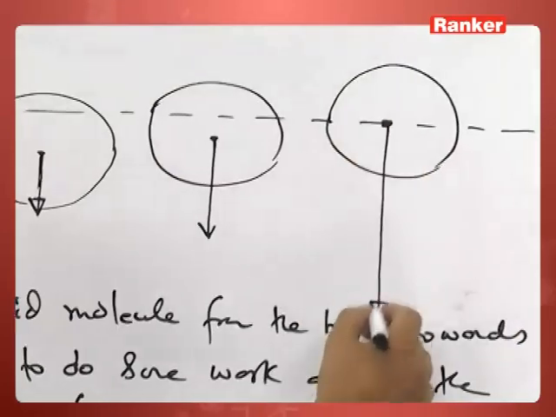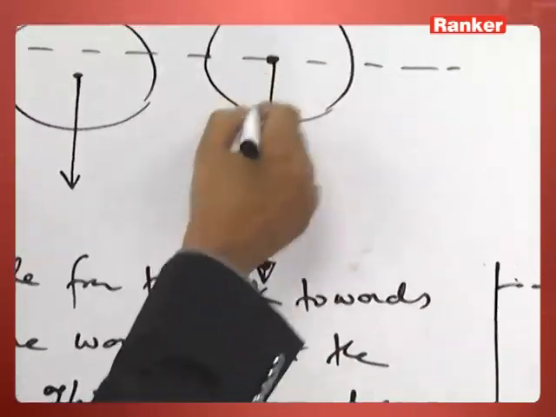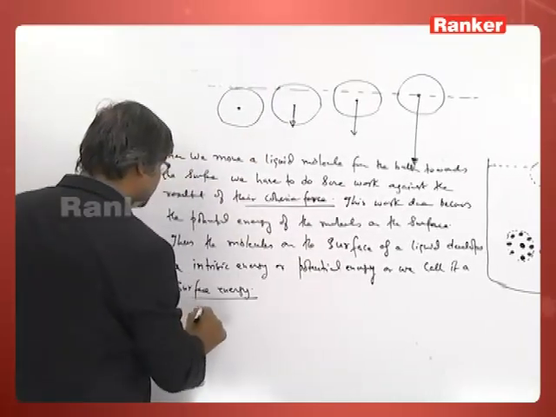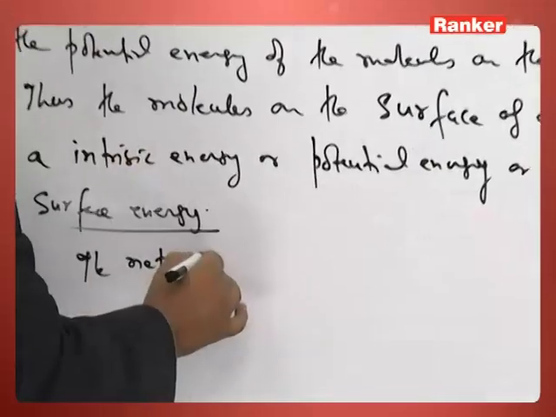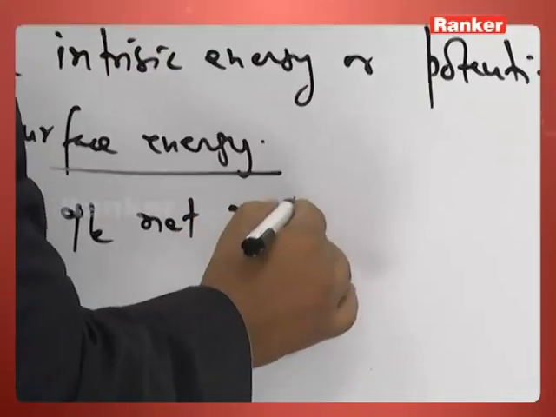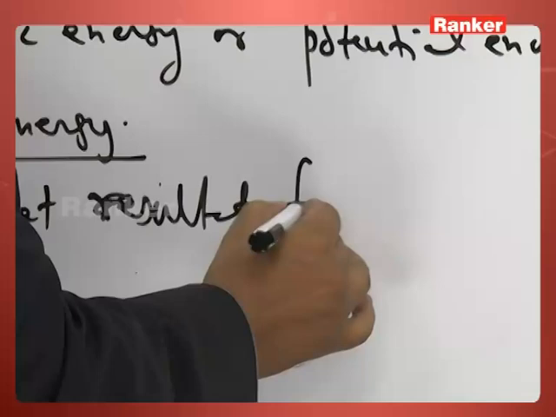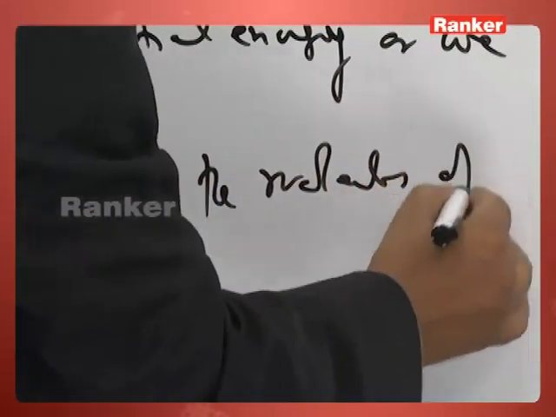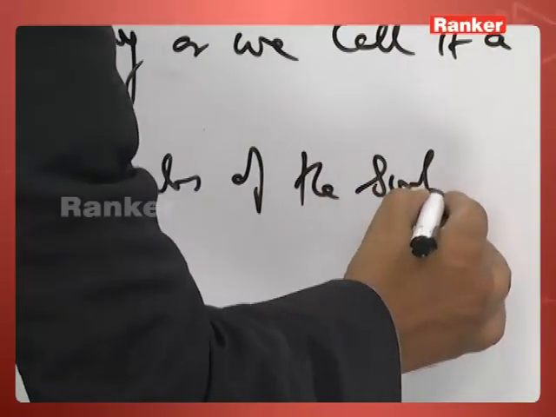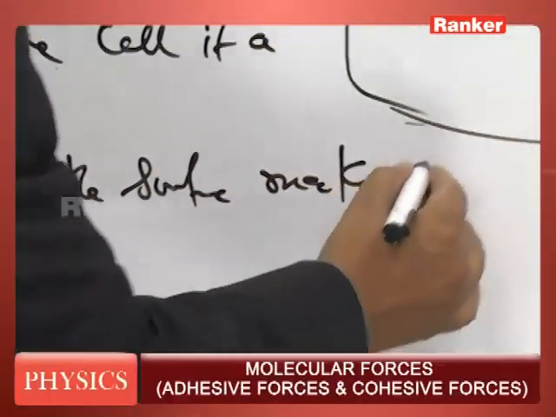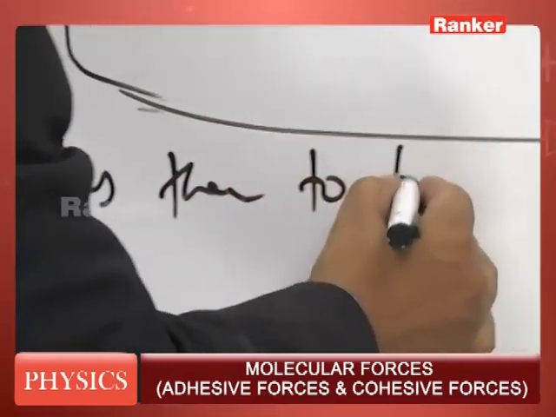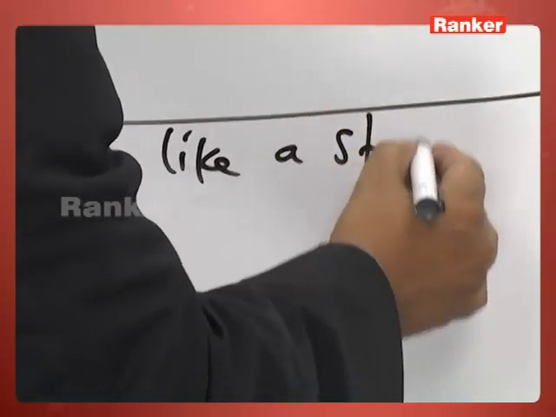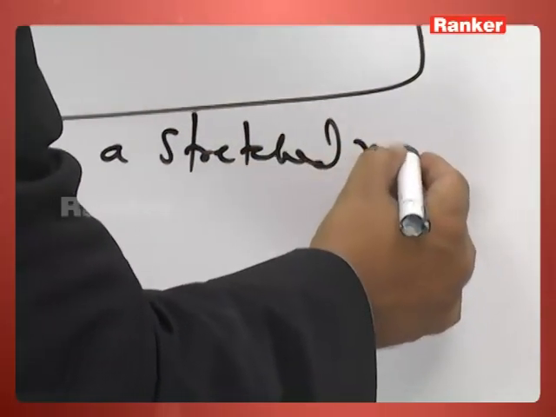So, now you see there is a net resultant force on the molecules on the surface. The net resultant force on the molecules of the surface makes them behave like a stretched membrane.